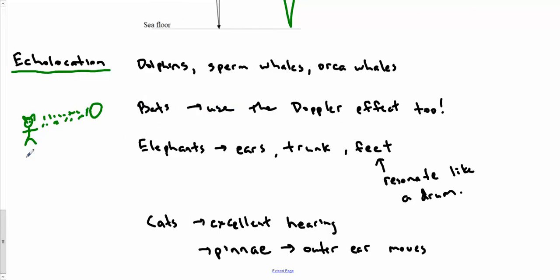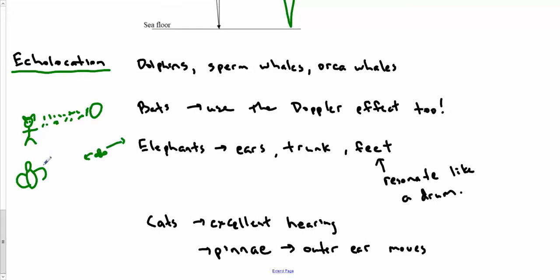Not only does a bat, that's a bat by the way, determine its little bug prey using echolocation, it can tell if it's moving one way or the other way using the Doppler effect.